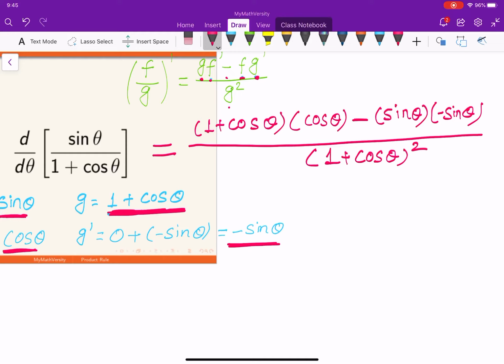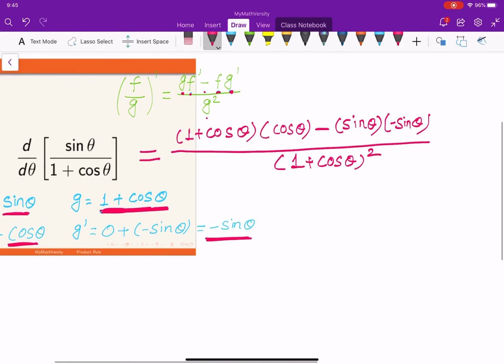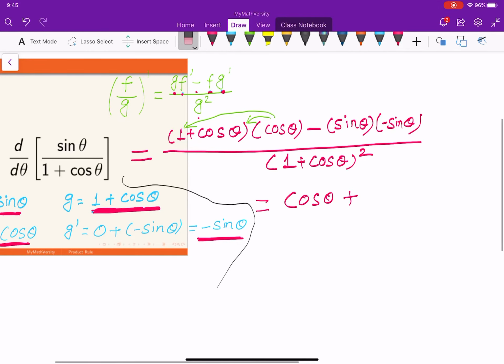But based on this expression, it seems like we can further simplify. Let's simplify the top first. There is a cosine theta, so we distribute it to both terms: cosine theta plus cosine theta times cosine theta, which is cosine square theta.